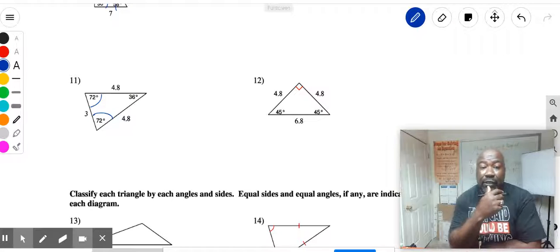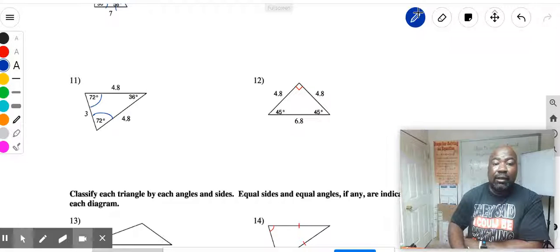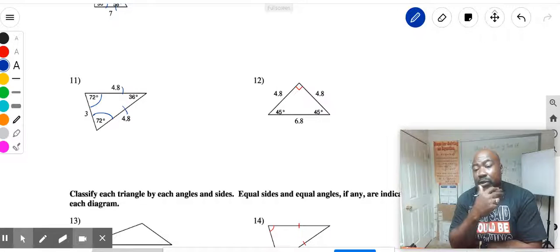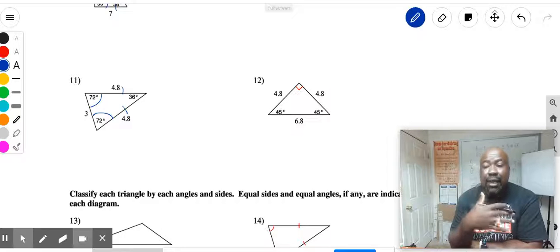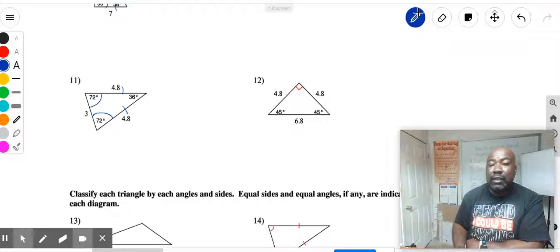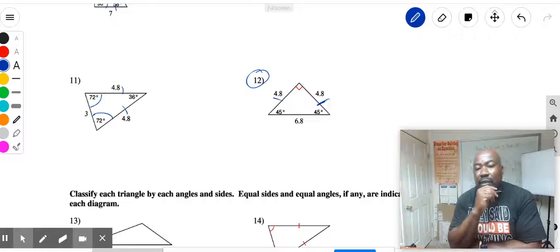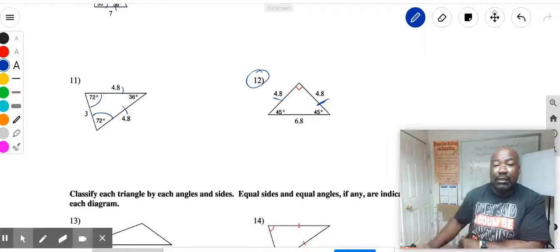So therefore you have an acute. But then you have these two sides that are also congruent or the same. So you have an acute isosceles. And now for number 12, just to walk through it, and you guys get it. These two sides are congruent. So this is a right isosceles.